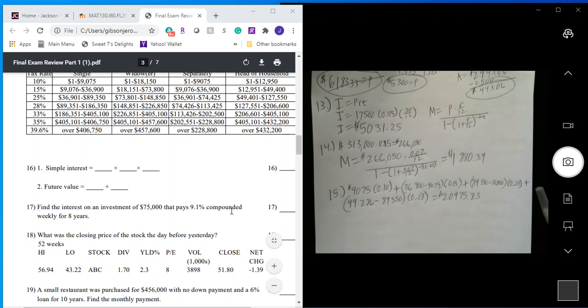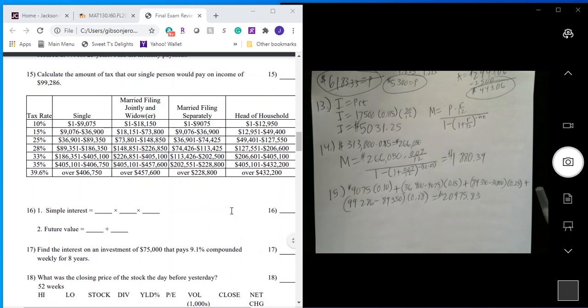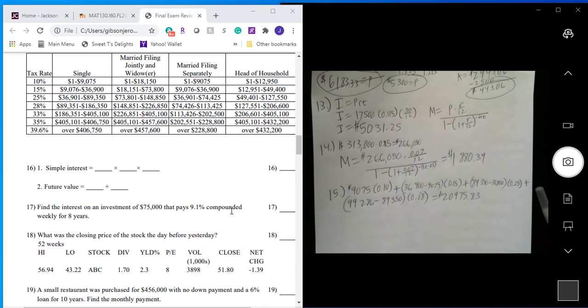Okay, now we go here to 16. They give us the simple interest formula, and then they also give us the future value formula.